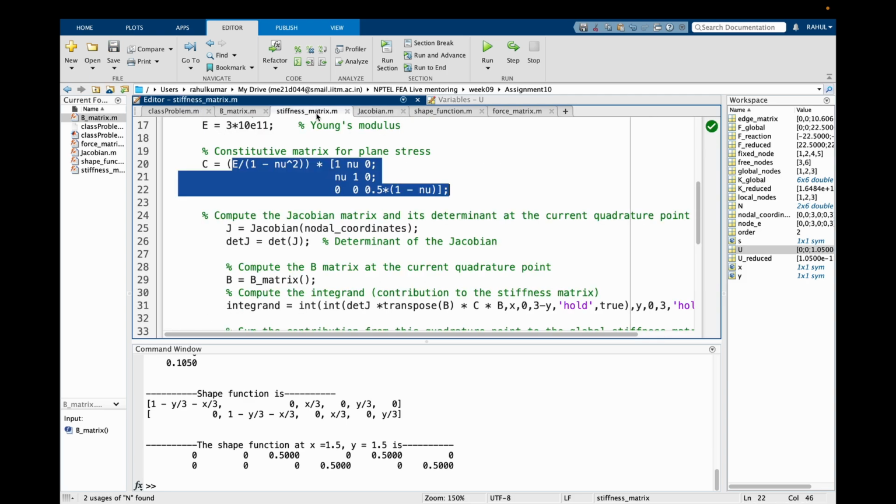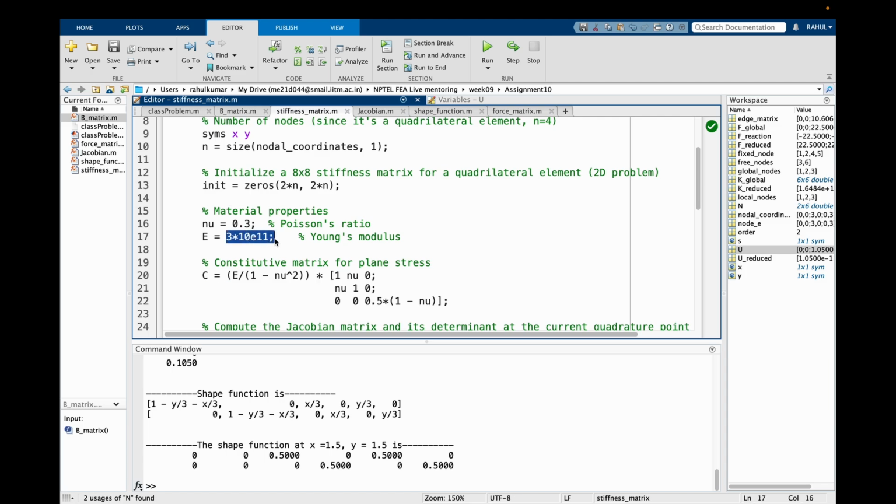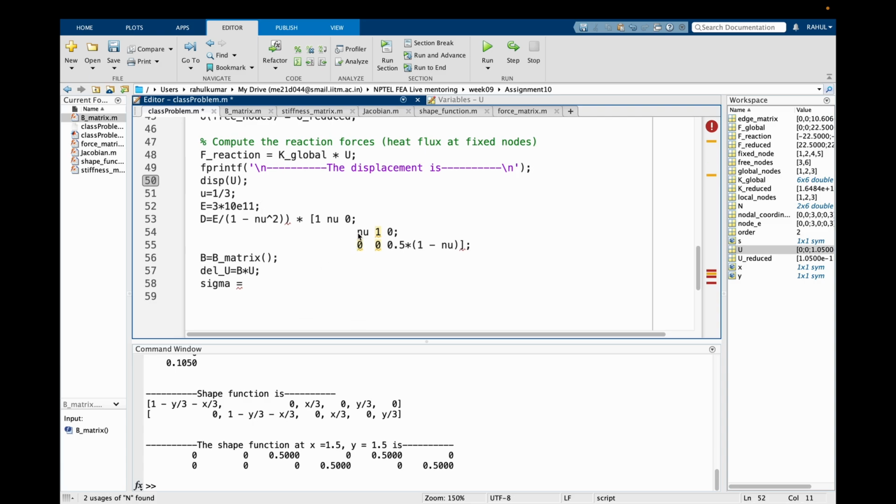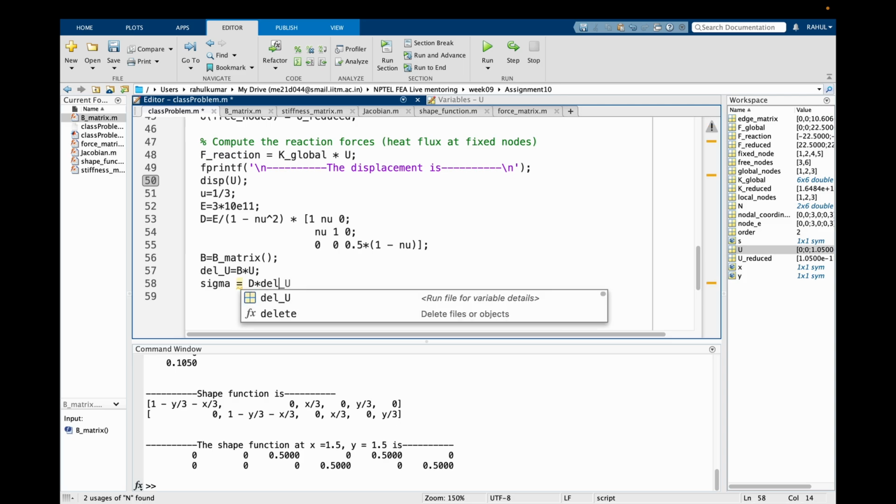E equal to the stiffness matrix, that is 310. Okay, so E here is done, nu is done, so sigma will be directly the multiplication of D times del u.